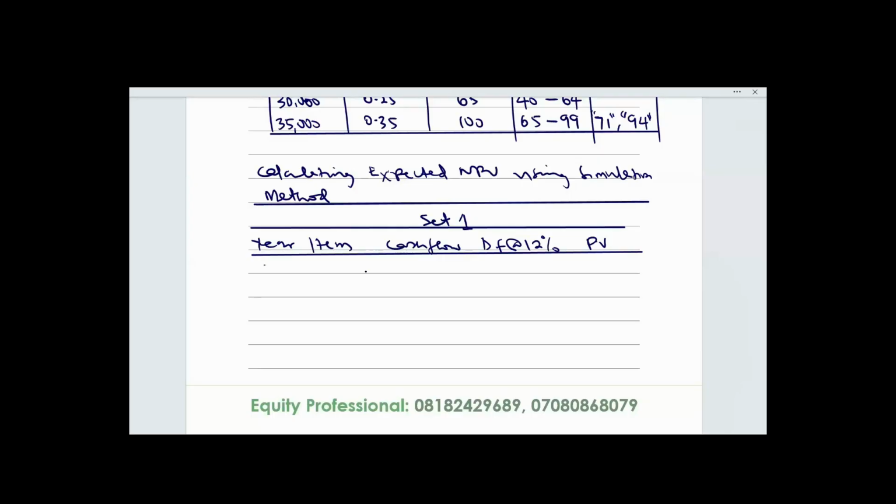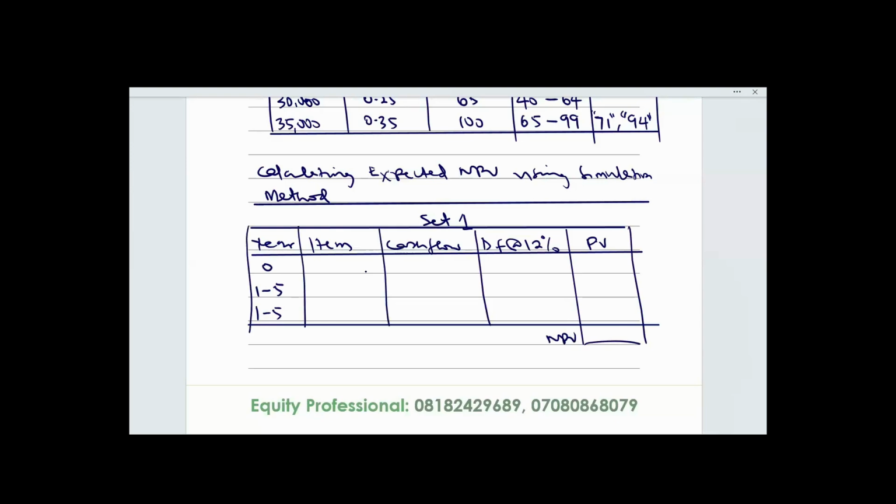So here will be year 0, then 1 to 5. Initial outlay, revenue, then running cost. The initial outlay is $40,000.